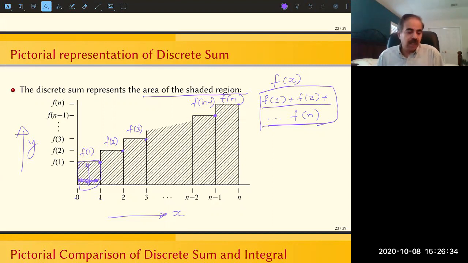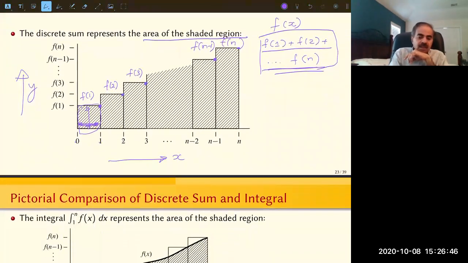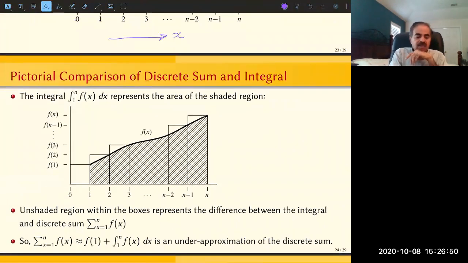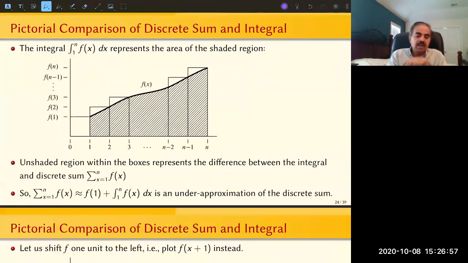Okay, so we can see that the summation that we want to compute kind of looks like some area. Now let us try to relate that to the area that corresponds to the integral of the function f. Again, this is the function f that we have plotted. If we now plot the curve f of x, it might look like this.